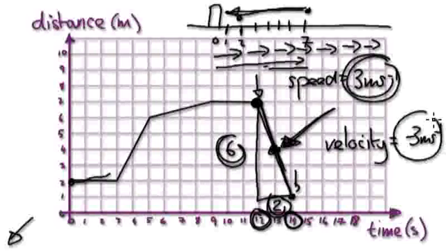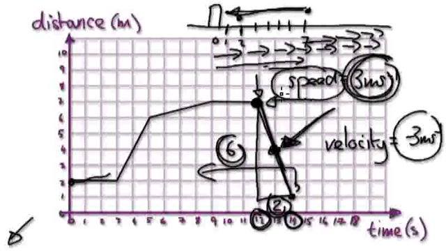By you saying minus 3 meters per second, people will immediately know that you are traveling backwards. Whereas if you say 3 meters per second here, yes, you are traveling in this direction, but inside other people's minds, they're thinking you're still going in this direction. So speed in this case is not a very good word.